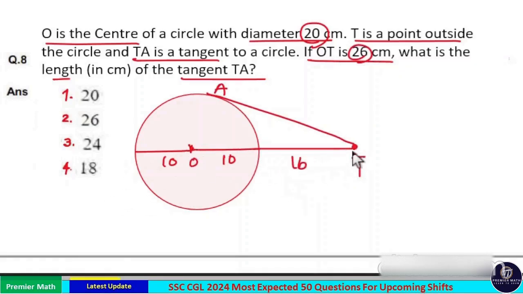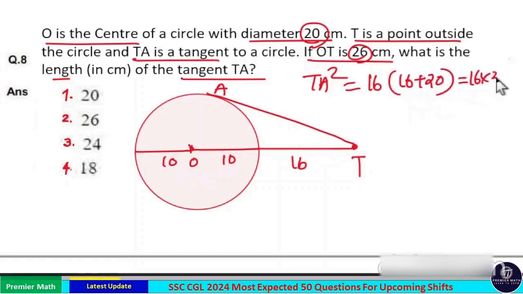And here this is the external point T. From this point, a tangent and a secant are drawn to the same circle. Then TA square, that is tangent square, is equal to the external segment length, which is 16, into the total length of the secant, which is 16 plus 20, 36.